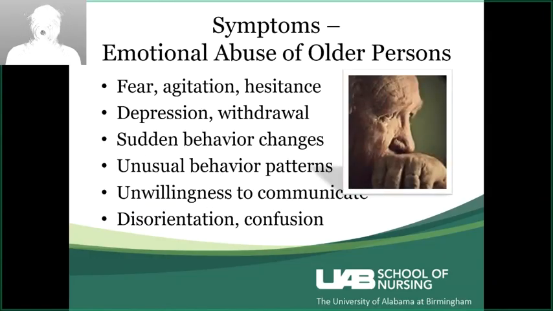So the symptoms are fear, agitation, behavior pattern changes, unwillingness to communicate, because if that person is sitting in the room when you're doing an investigation, it might influence how they talk about it. Also, disorientation: moving an older person from the environment in which they live will have a level of confusion to it.